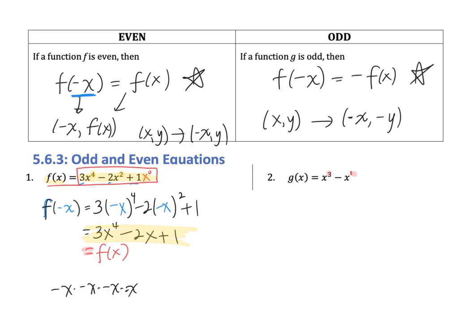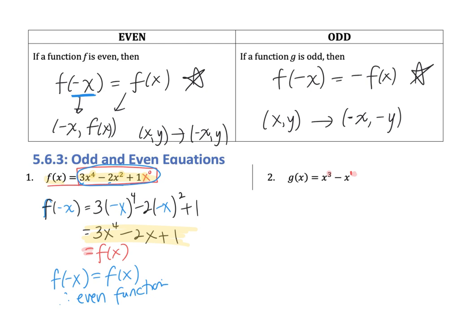So your conclusion is that this function is even because when you put in the opposite of x, it resulted in you getting the same y value or the same original function. So therefore, you can now tell me it's an even function.